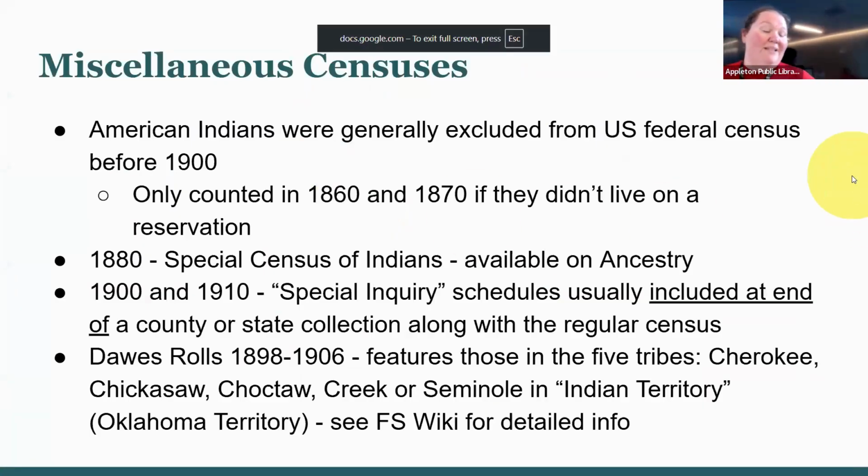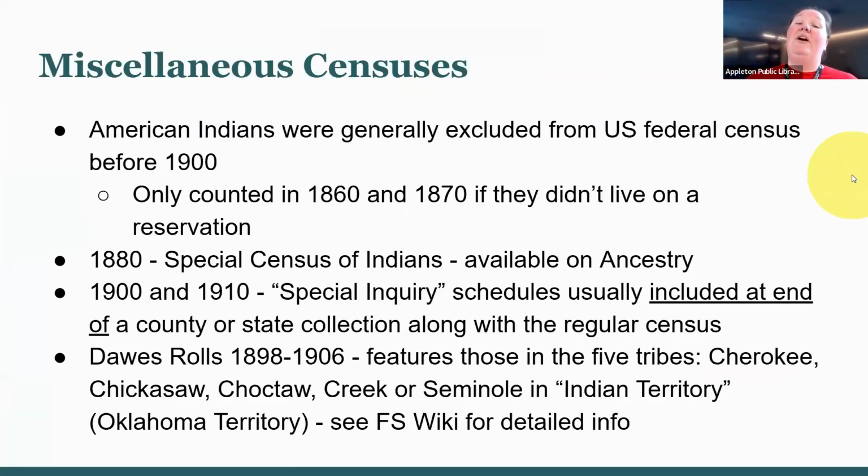There are also a few other miscellaneous censuses. American Indians were generally excluded from the federal census before 1900. They were only counted in 1860 and 1870 if they didn't live on a reservation. In 1880, they had a special census of Indians, which is on Ancestry.